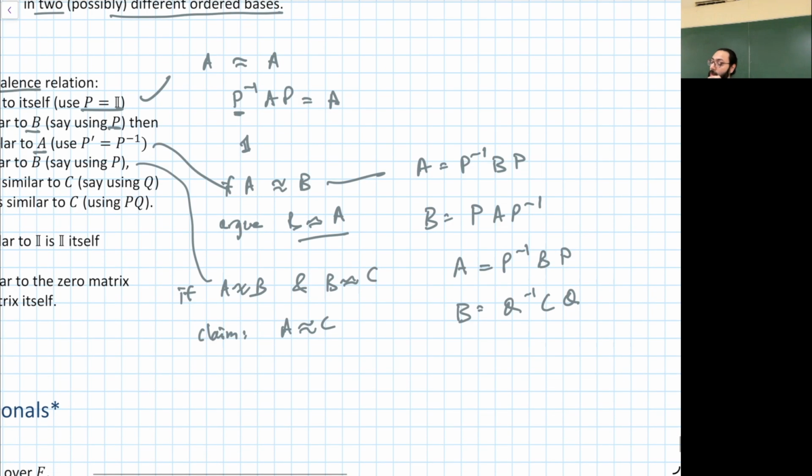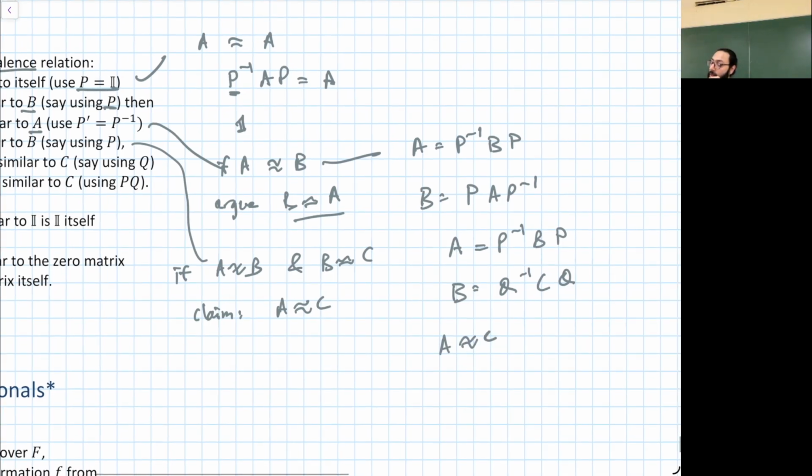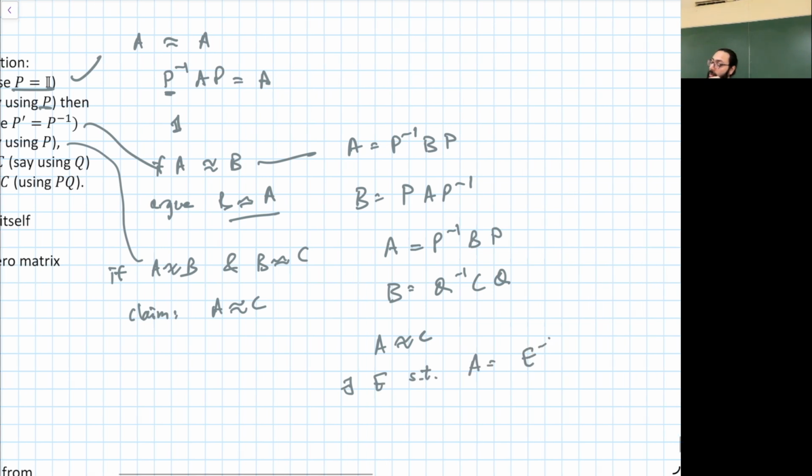Now we want to argue that A is similar to C. So we want to argue that there exists some, I don't know, E such that A is the same as E inverse C. So how do you find E? You can just substitute, right? Any ideas?